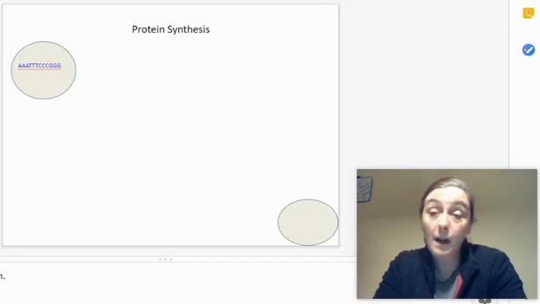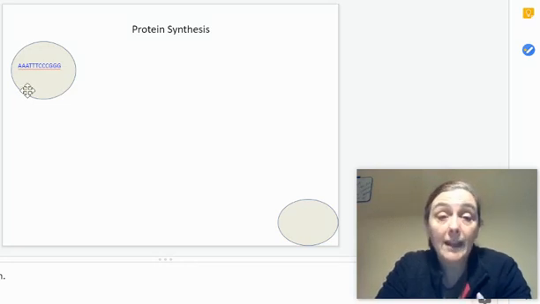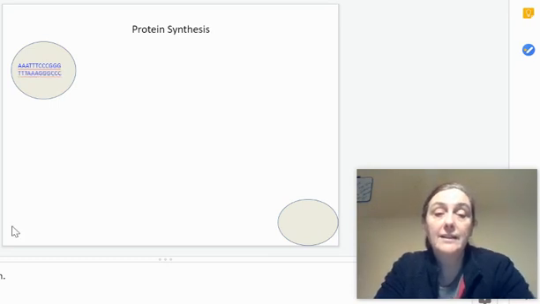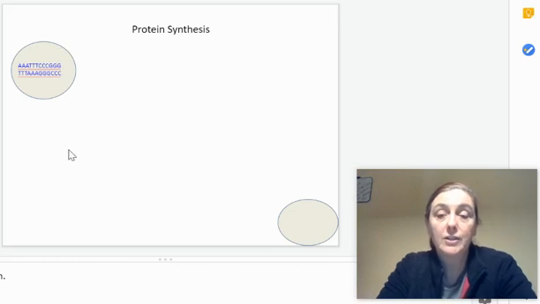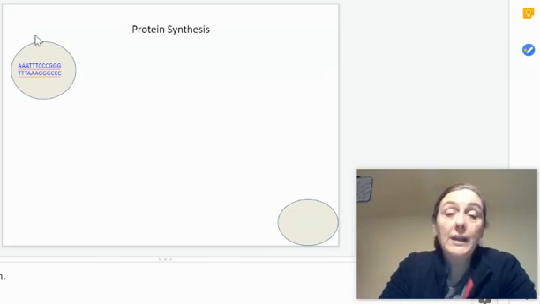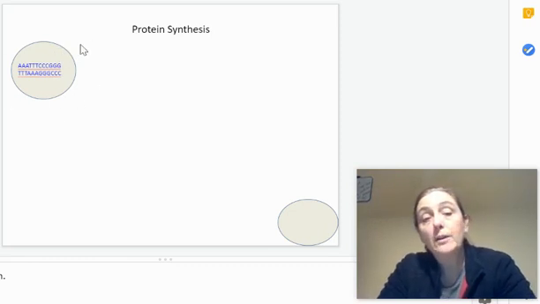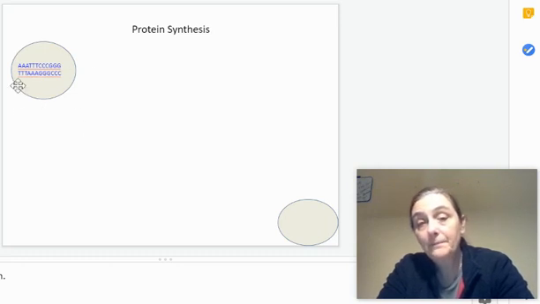So what would be the complementary strand to AAA, TTT, CCC, GGG? It would be TTT, AAA, GGG, CCC. And we can see the A's and T's match, the T's and A's match, the C's and G's match, the G's and C's match.